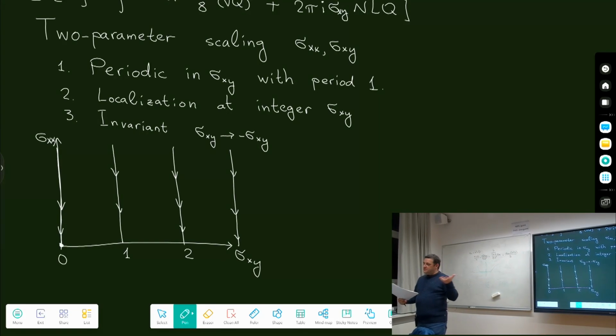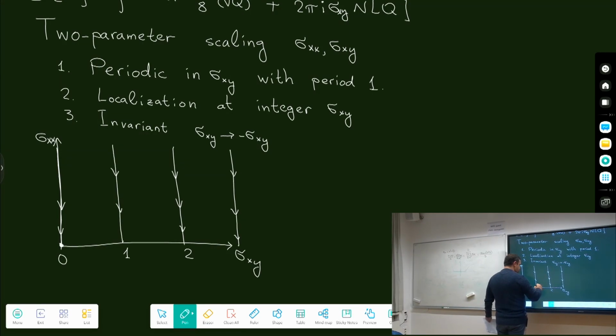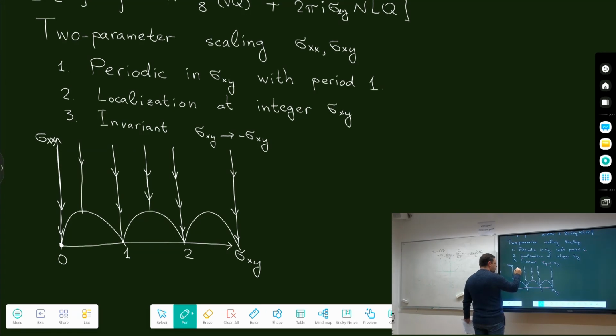But then, if you know what the quantum Hall effect is, this is actually what happens. This is the true flow diagram. I will first draw it and then discuss why it has this form.